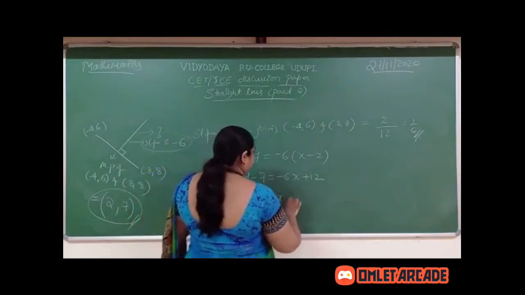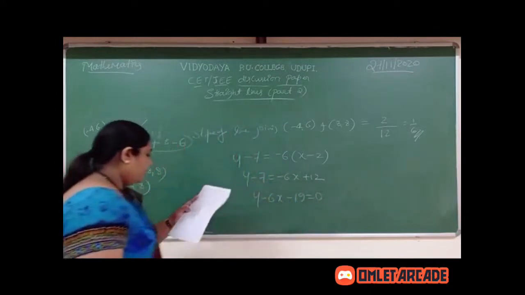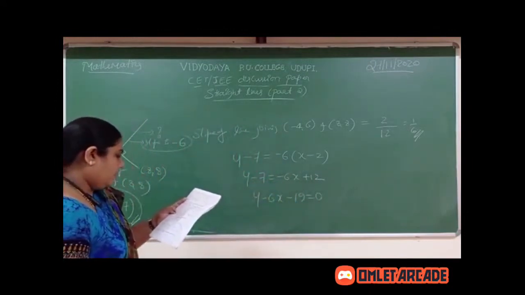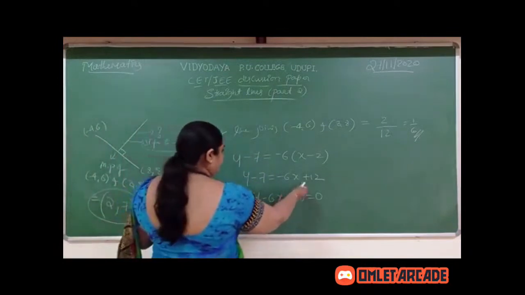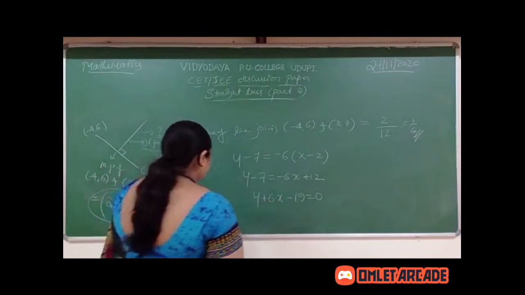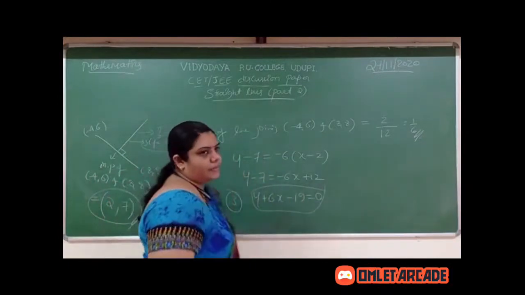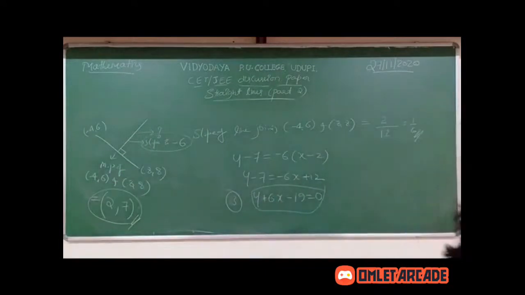So 6x plus y minus 19 is equal to 0. Is it option 3, students? So we tried the shortcut method, it did not help us, so we'll use the actual method.